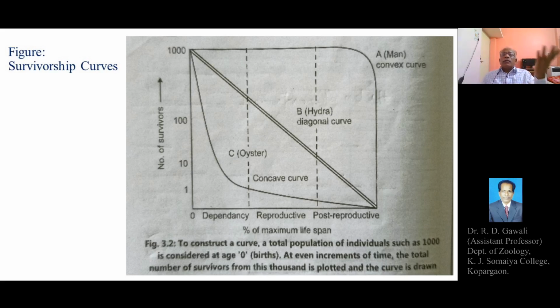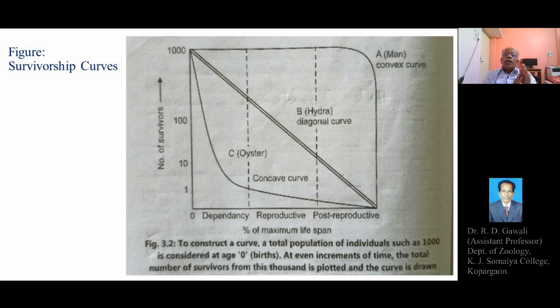Initially there are 1000 individuals in a population. So in the pre-reproductive life, 333 individuals die in the period of dependency, or in the young stage.